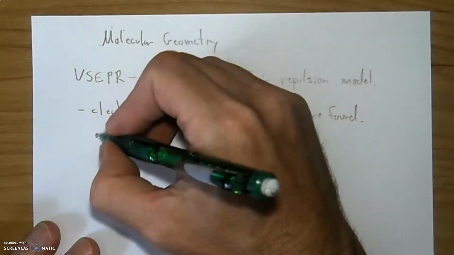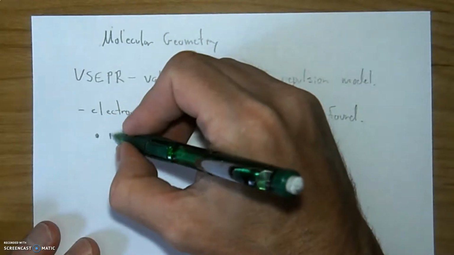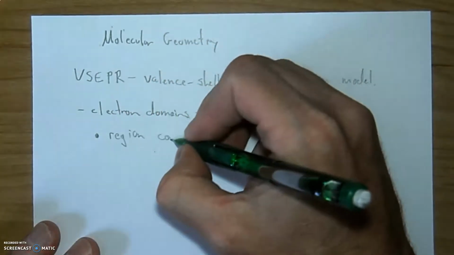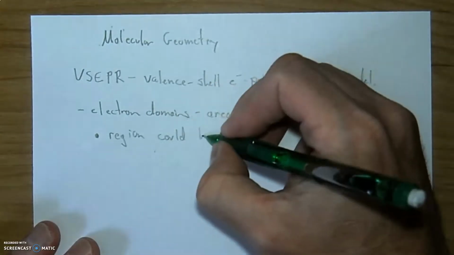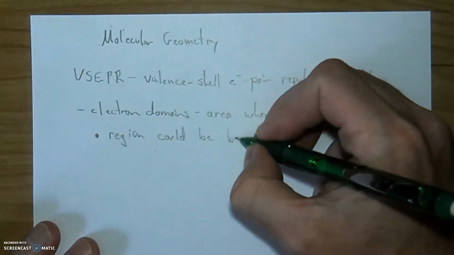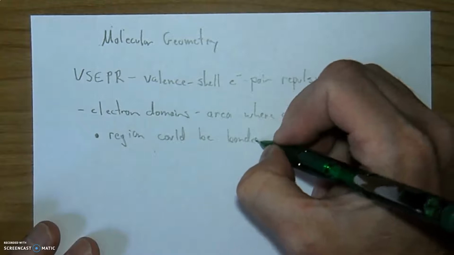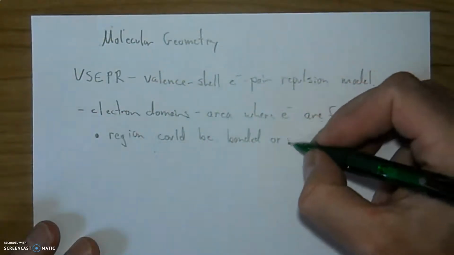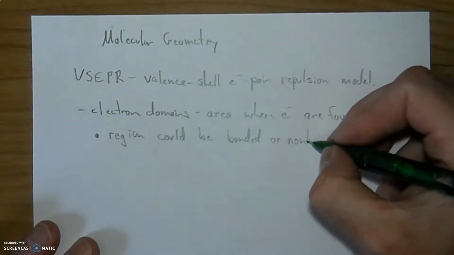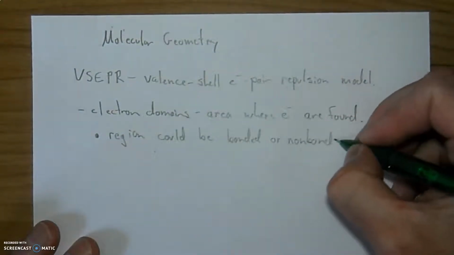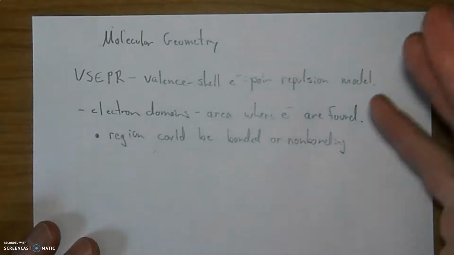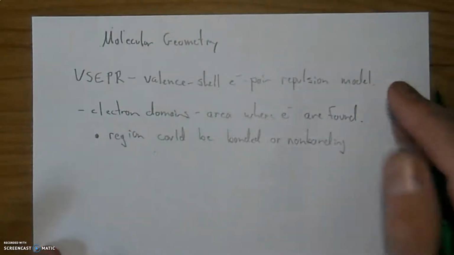What would those areas be, or what could they be? Well, they could be a region bonded to another atom, or just like a lone pair, non-bonding. So they could just be hanging out there, or they could be the electrons that are between two atoms.